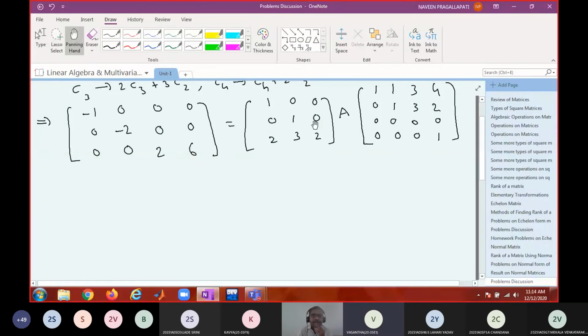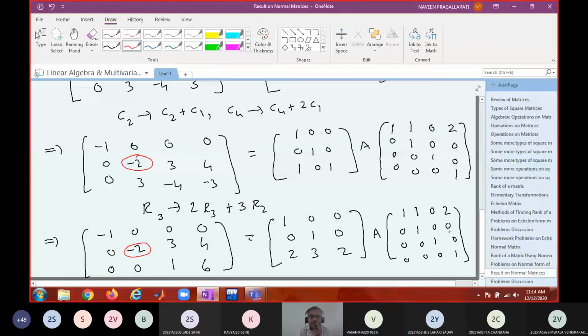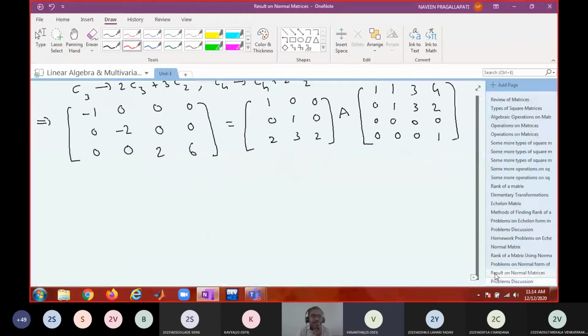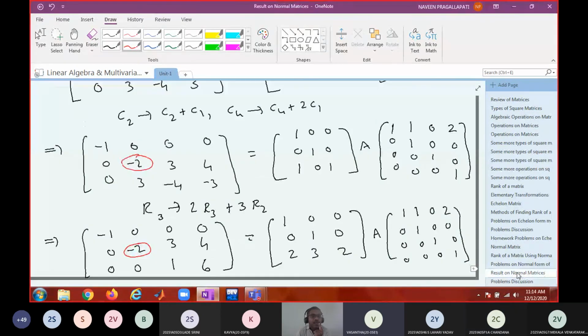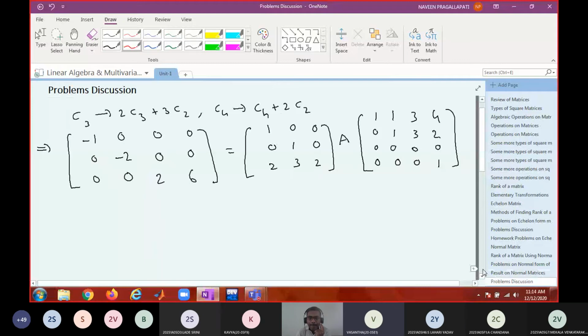What is the next pivot? Tell me. Sir, C3 is 3, 3, 2, 0, sir. Because we have 3 and 1 there, we'll apply 2C3 plus 3C2, and plus 2C2 means it should be 2.